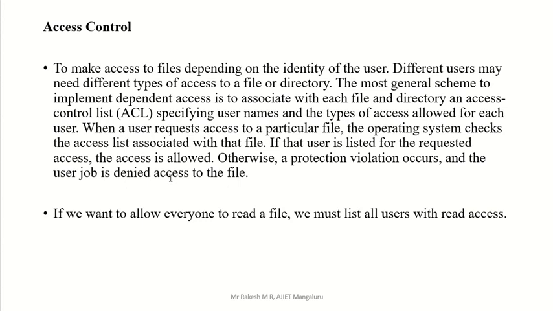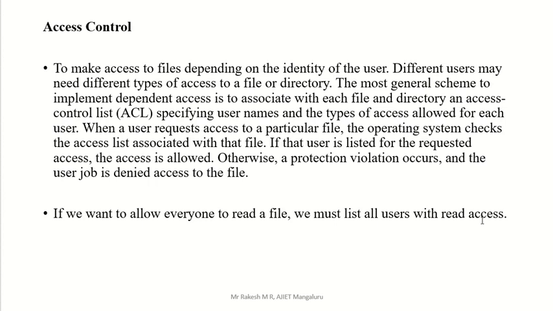You will get a denied option. On the screen you will get some error message, a protection violation, because that access is not given to that particular user. Every access is given in the ACL. In the ACL we need the username and type of file access. So here, if we want to allow everyone to read a file, we must list all the users with read access.